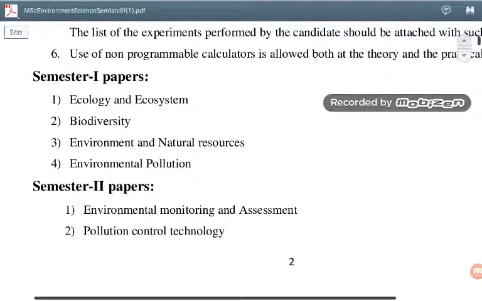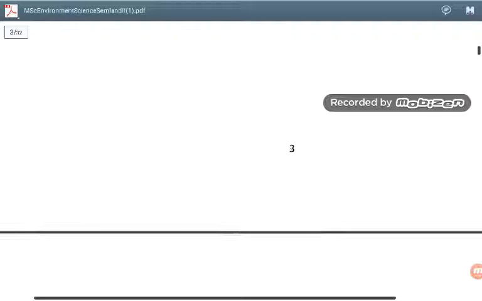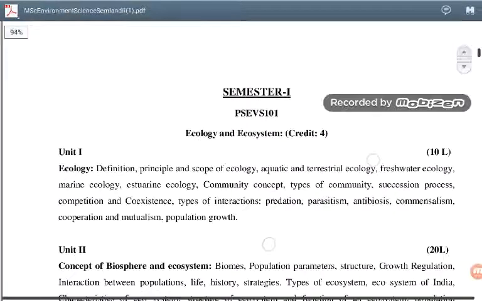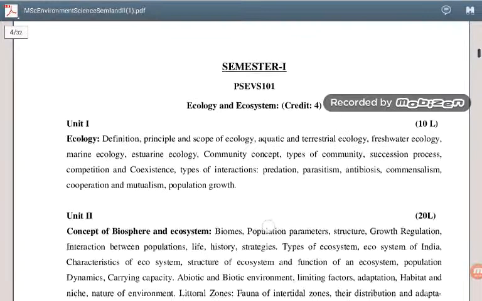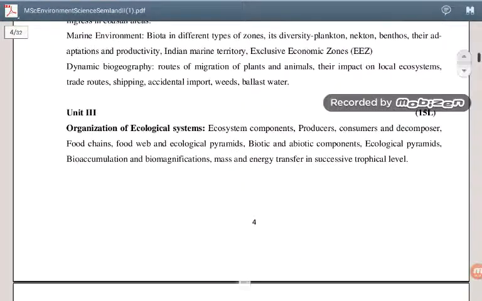Now we have to see regarding semester first. The first paper is ecology and ecosystem. Here you can find semester 1 consisting of the first paper, ecology and ecosystem, and it is again consisting of 4 units, that is unit 1, unit 2, unit 3 as well as unit 4.